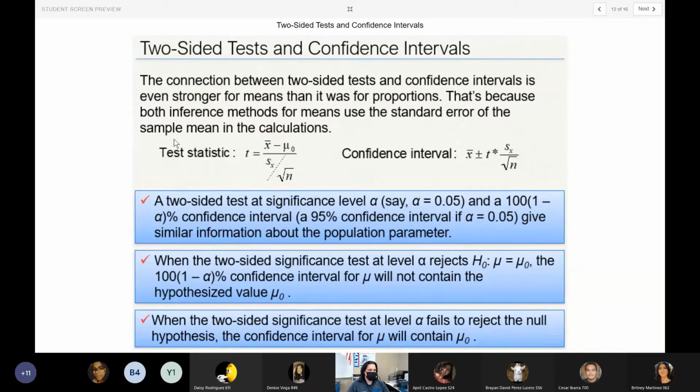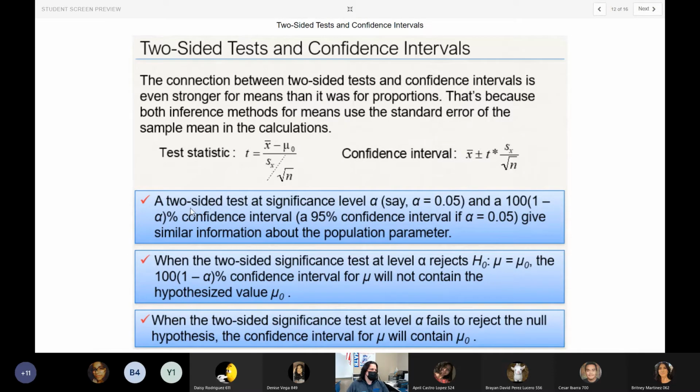With our test statistic, the standard error is the denominator of our fraction here, s sub x divided by the square root of n. And in our confidence interval, the standard error is what we're multiplying by our critical value, s sub x divided by square root of n. Both of these use that standard error.